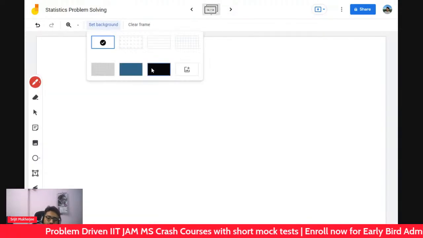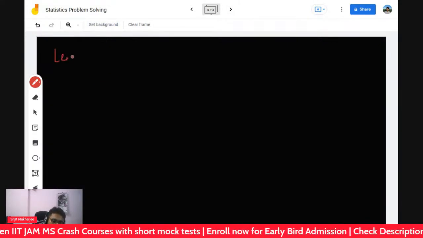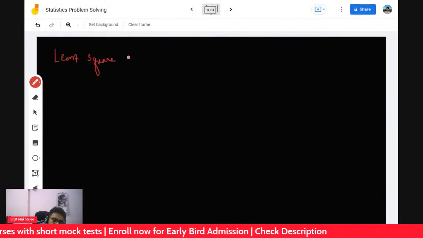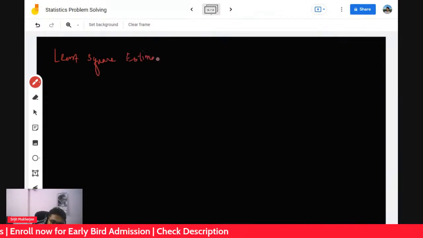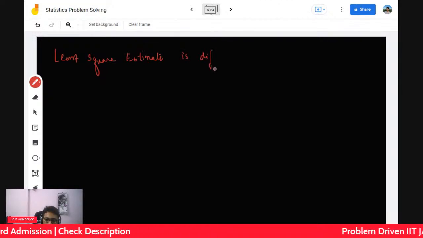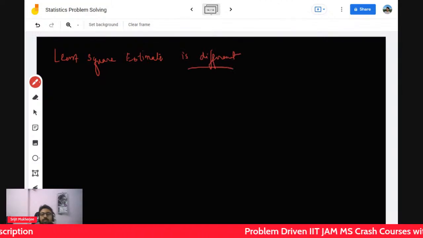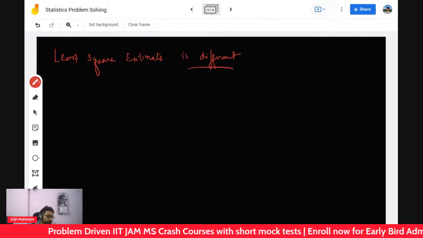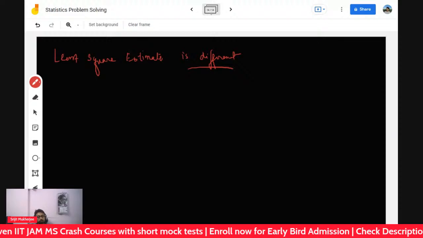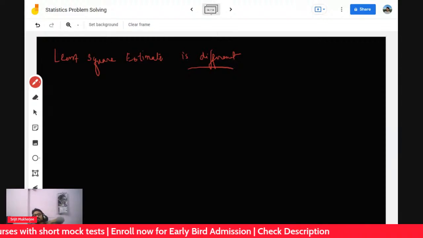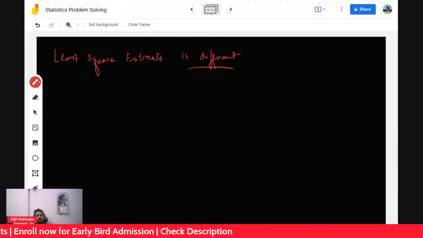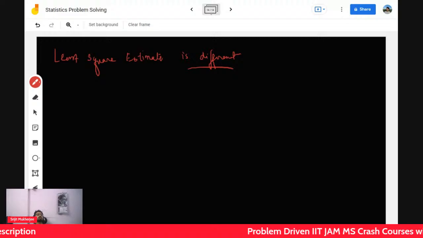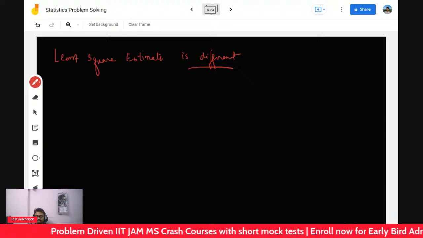So least square estimate was first discovered by Gauss, when he was calculating the orbital movements of some planets. He was calculating the best possible curve fitting, estimating the curve and the parameters of the curve. We were trying to find good estimates of parameters. So then he discovered this.